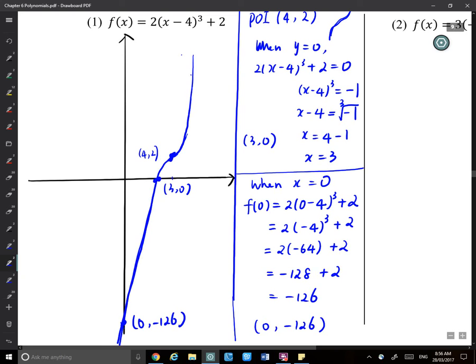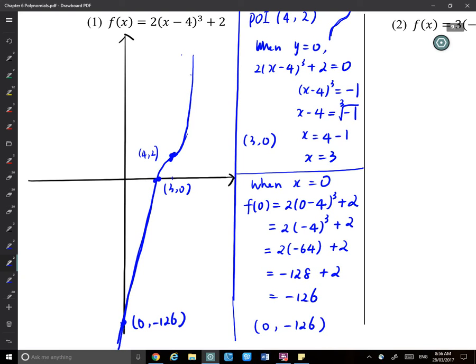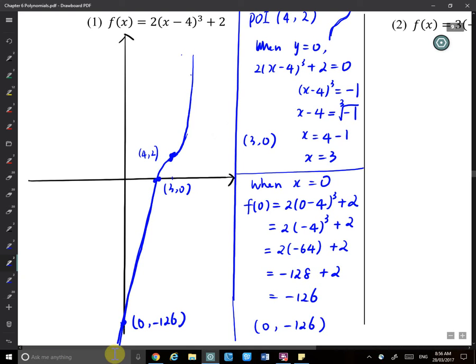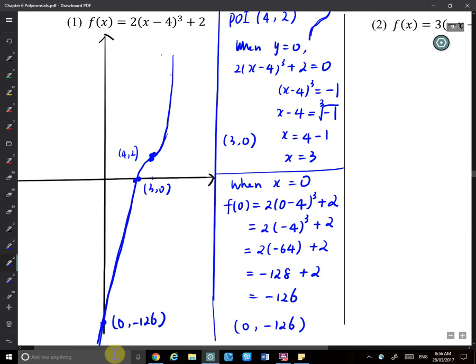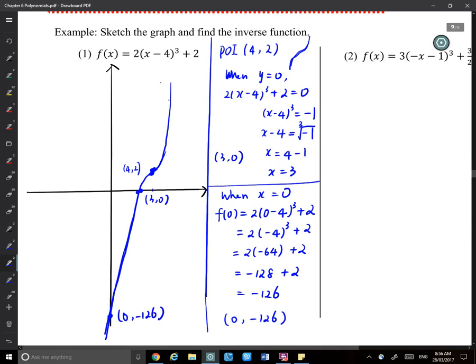You try your best to show that's a point of inflection. Okay, that's the shape of the graph.